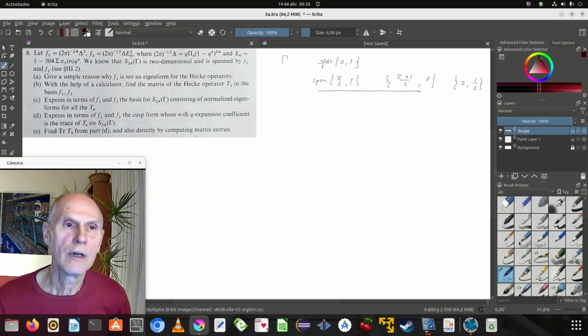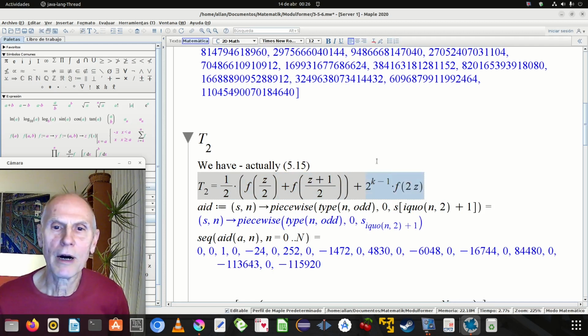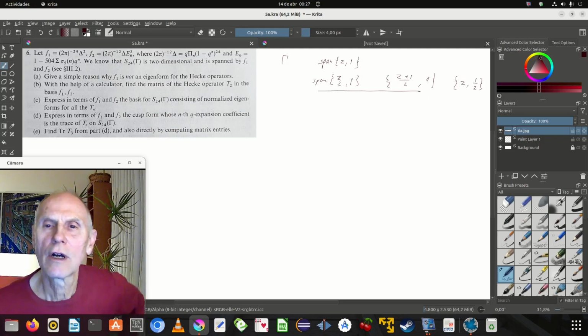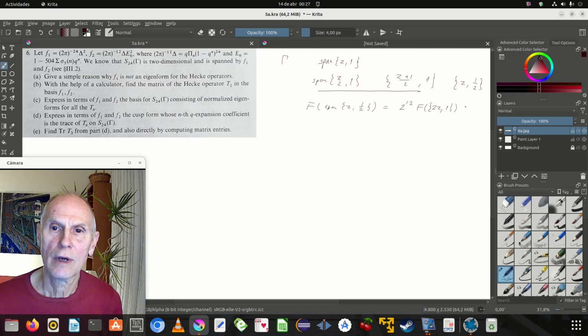And these two give this, and the other part comes from this, because f of, I shouldn't have written span. There we take 1/2 out. And that's just 2 to the 12th f of z.